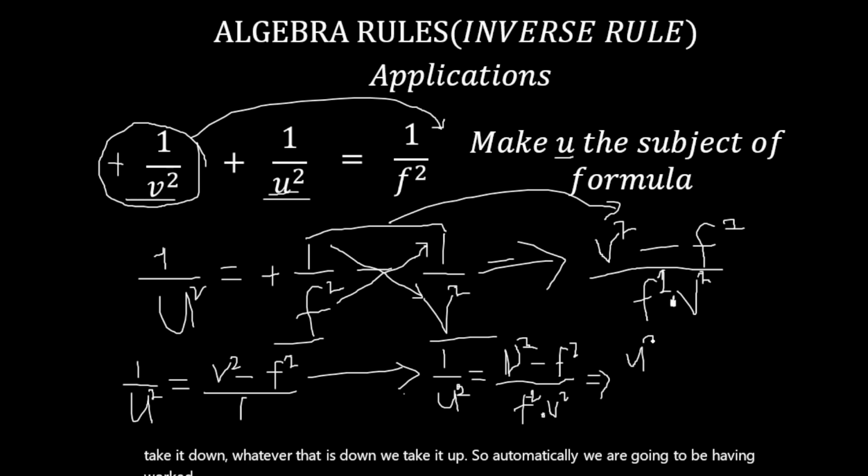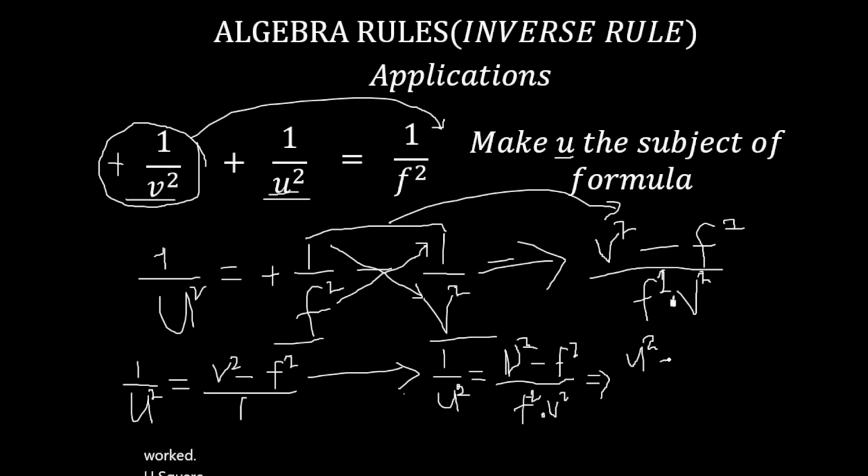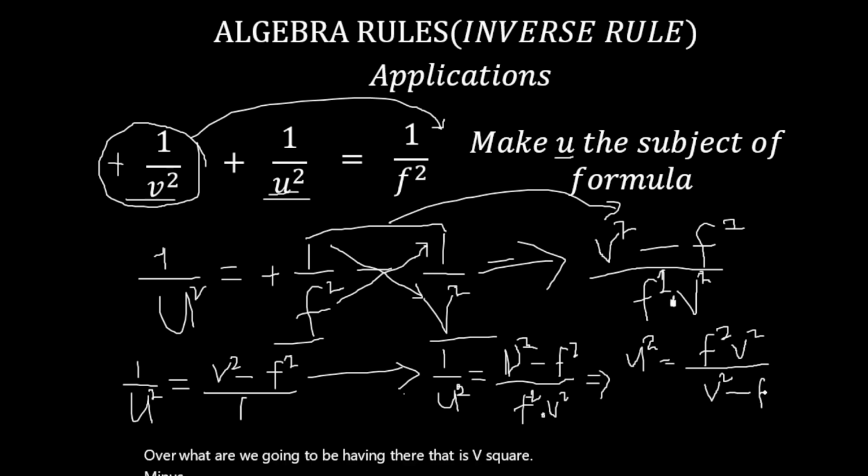U square equals f square, why? All of this will go up, v square over, what are we going to be having there? That is v square minus f square.